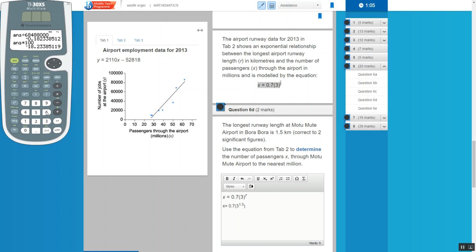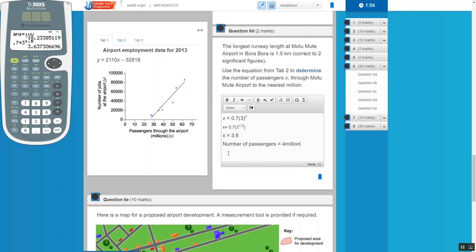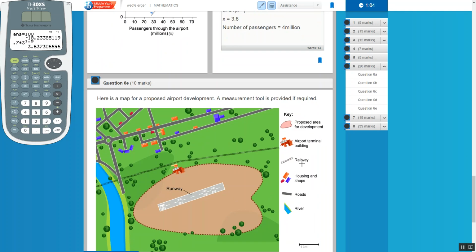Close brackets. So the number of passengers is equal to 3.6, which rounded to the nearest is 4 million. Okay, 3.6 would round up to 4 million.